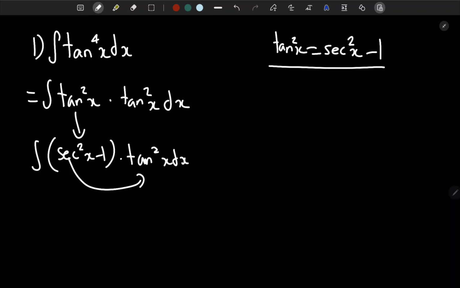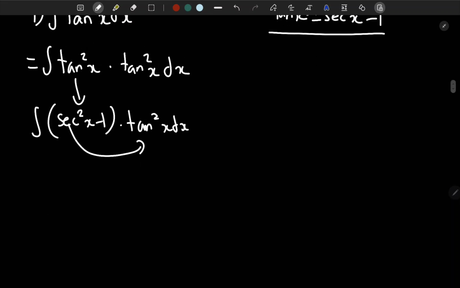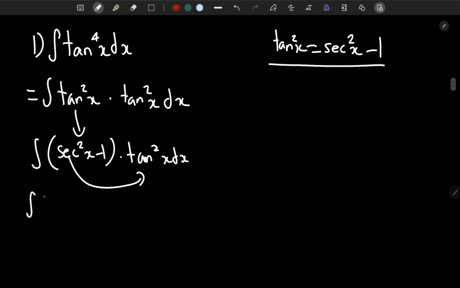So it is going to become the integration of secant squared x tan squared x, and I'm going to separate the integration since it's the same thing, minus tan squared x dx.